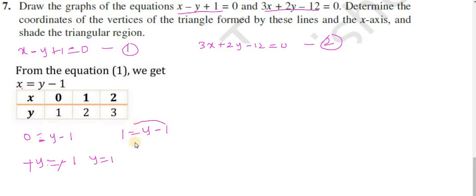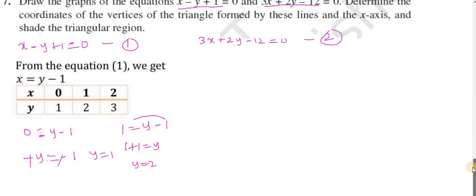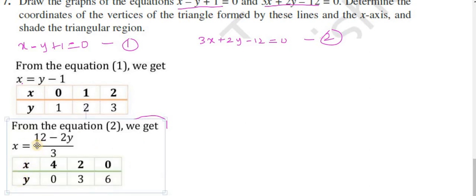Transposing to the left hand side, 1 plus 1 is equal to y, so y is equal to 2. So that is 1 comma 2. Next, if we take x is equal to 2, you'll get y is equal to 3. Is it clear?